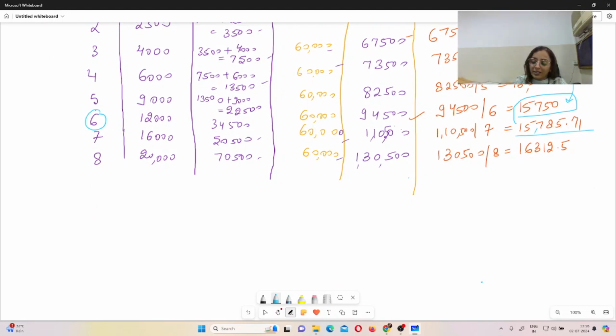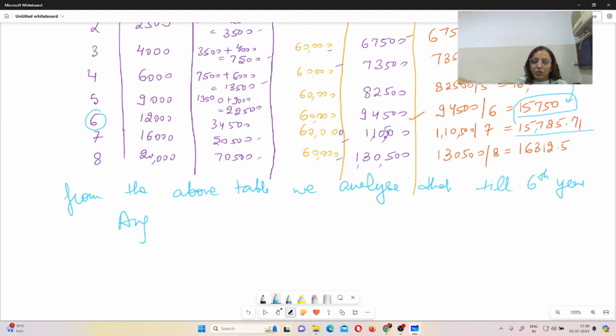Now write down from the above table what we analyze. We analyze that till the sixth year, the average annual cost or average running cost is 15,750.